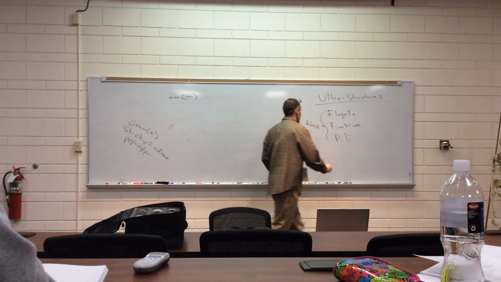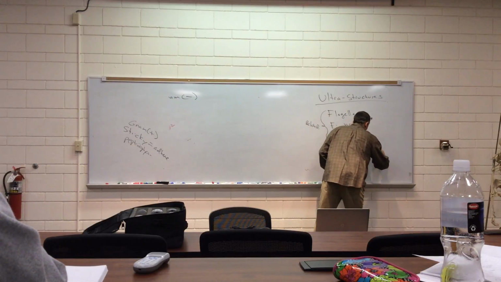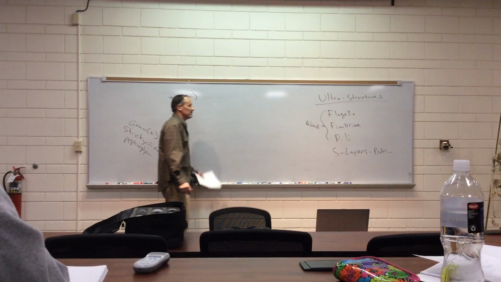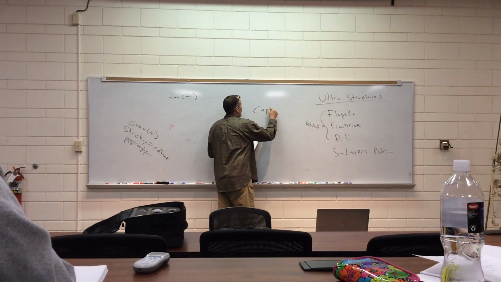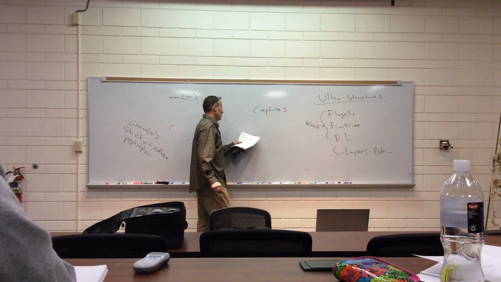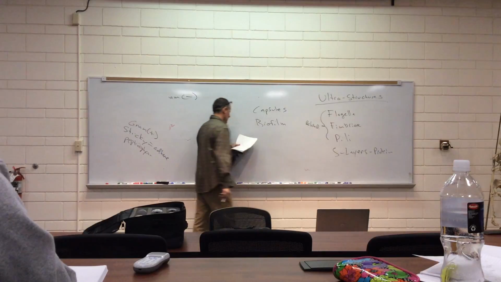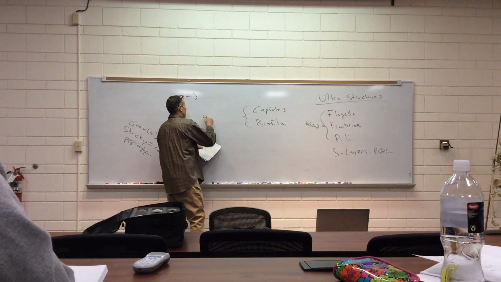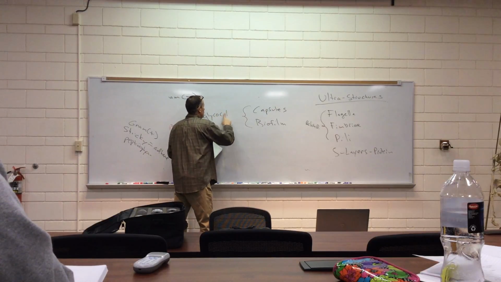Then we have these things called S layers, which is a specific type of protein that kind of acts like Kevlar on the outside of cells. One of my favorites, capsules, and this thing called biofilm. Together, they make a really wonderful term, glycocalyx.